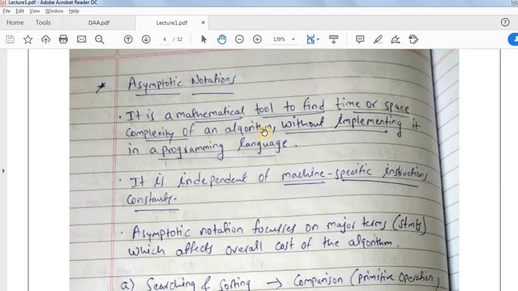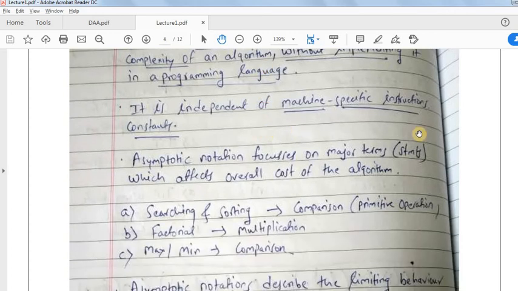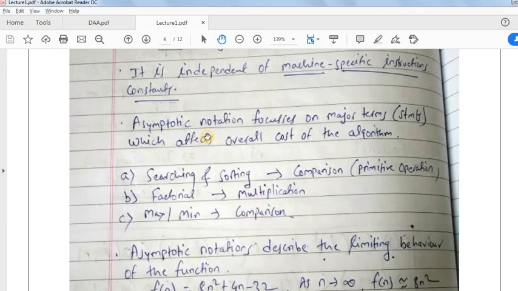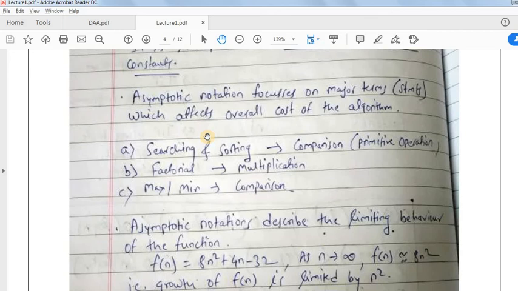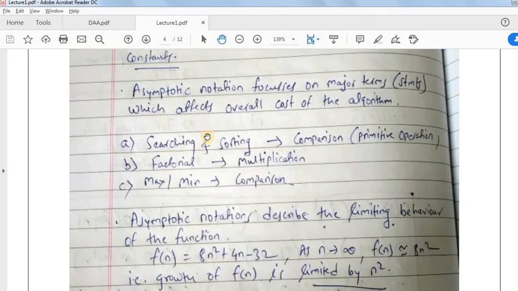This asymptotic notation will majorly focus on major terms or statements which affect the overall cost of a particular algorithm. As I already said, any asymptotic notation is independent of all machine specific instructions or constants. As we will not have actual implementation, there will not be any role of machine specific instructions. So how can one focus on major terms or statements in a program? Example, searching or sorting.